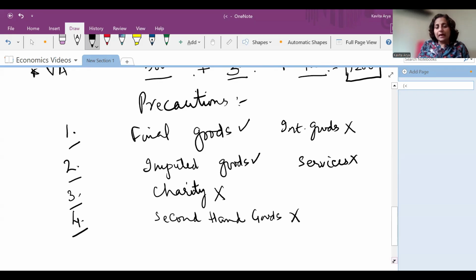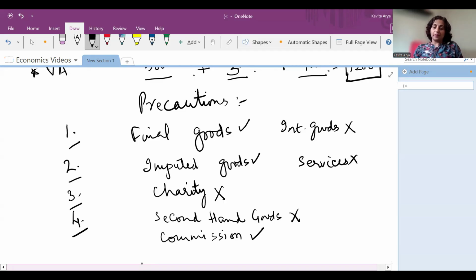So second-hand goods are not included, but there is one point of commission. The commission involved in the sale and purchase of goods and services would definitely be a part of national income calculation because that's on account of the fresh services. Why do we not include the second-hand goods? Because these have already been included in the year they were made before.